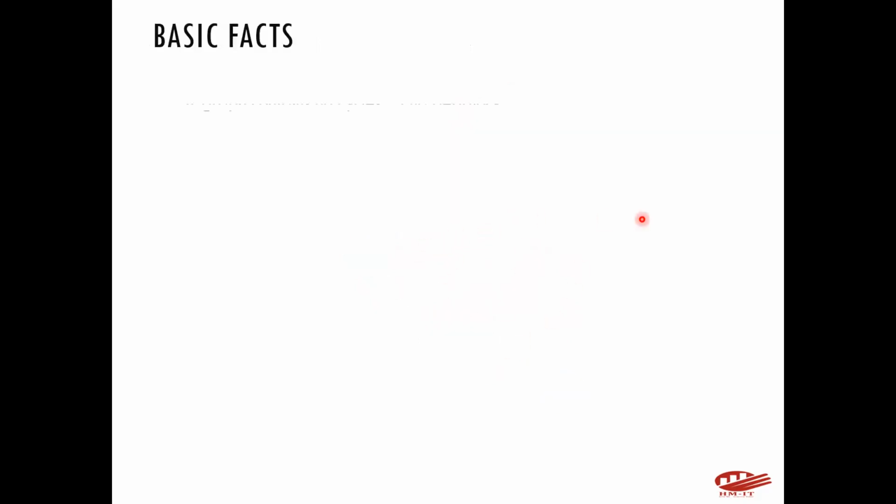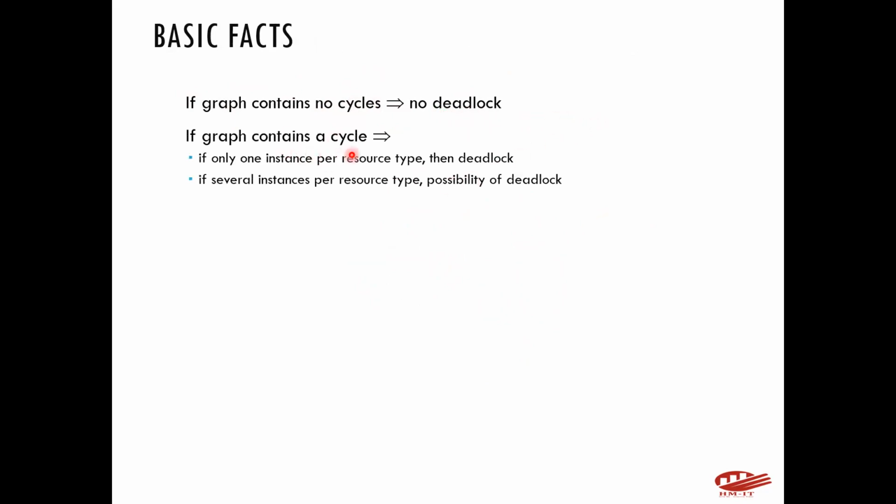And here it says the first fact to understand: if the graph contains no cycle, no deadlock. Also, if the graph contains a cycle, and there is only one instance per resource type, then it's a deadlock. If there are several instances per resource type, there is a possibility of deadlock. All right, so this is the basic one.